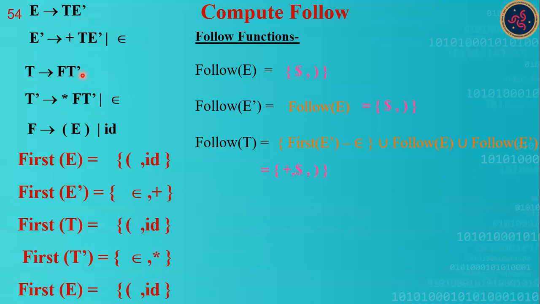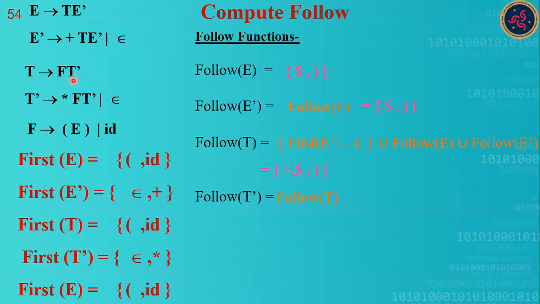So here we apply rule number 2 and take the follow of the left hand side. So we need to consider the third production only, that is follow of T prime is equal to follow of T.